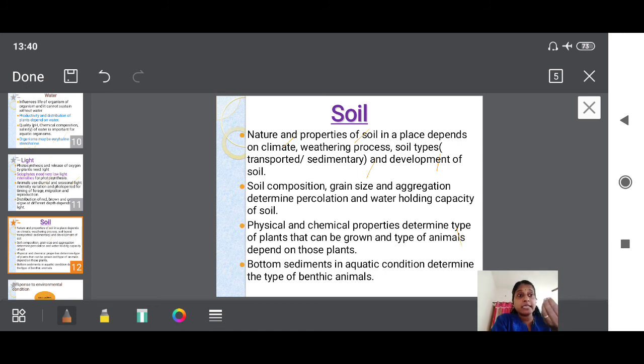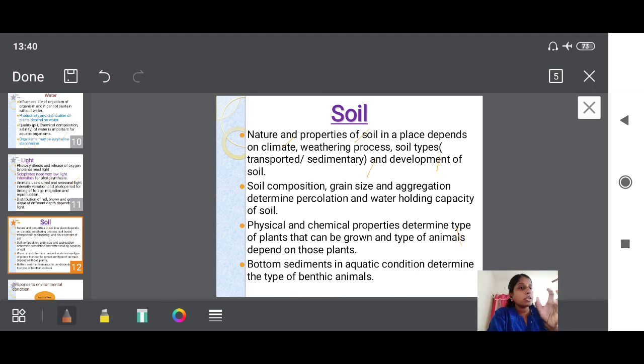Sandy, grain size is bigger, isn't it? At the same time, when you are seeing clayey, the water will not percolate very easily, because clay particles are very small in size, they remain attached to one another, so they will hold the water, holding capacity will be more, so the water cannot easily penetrate inside.